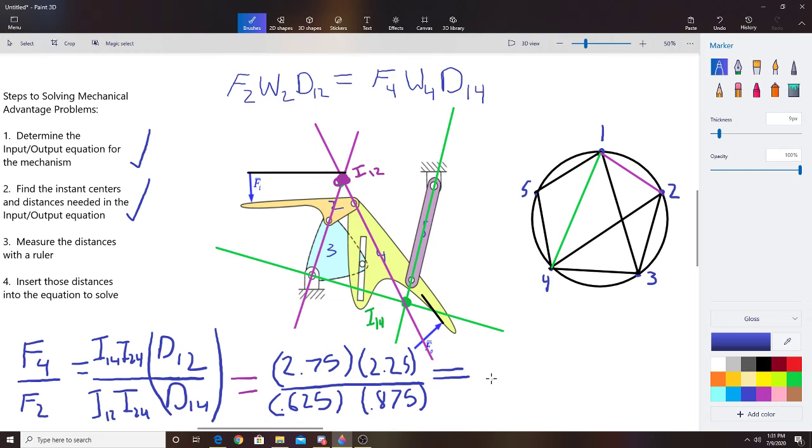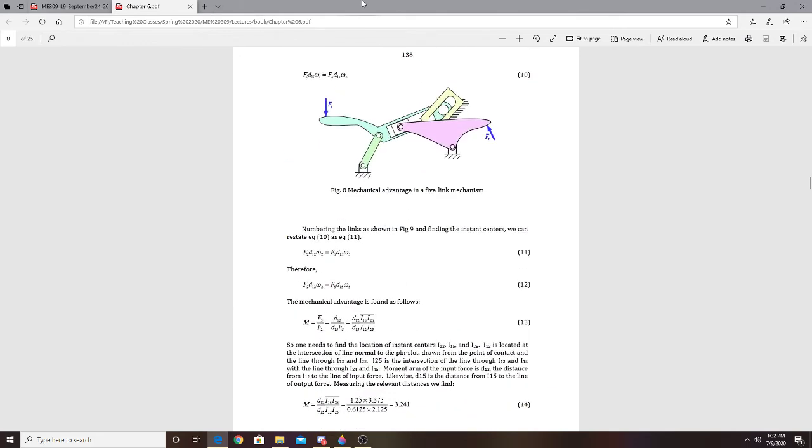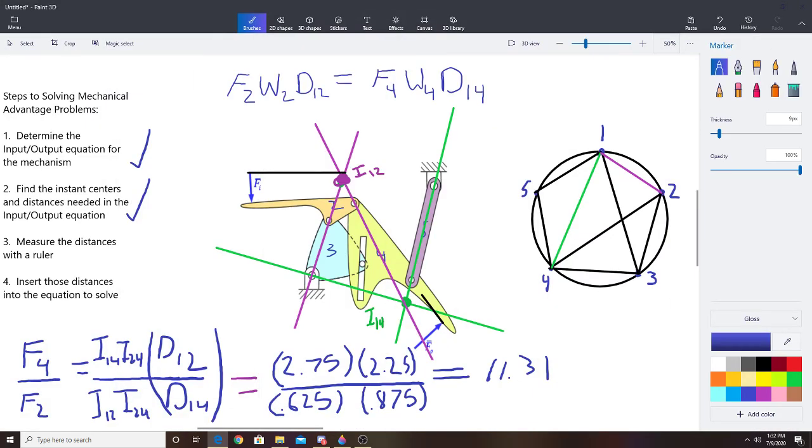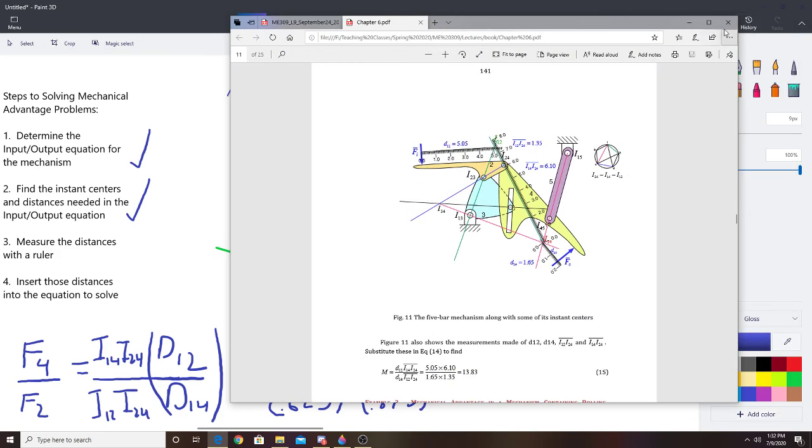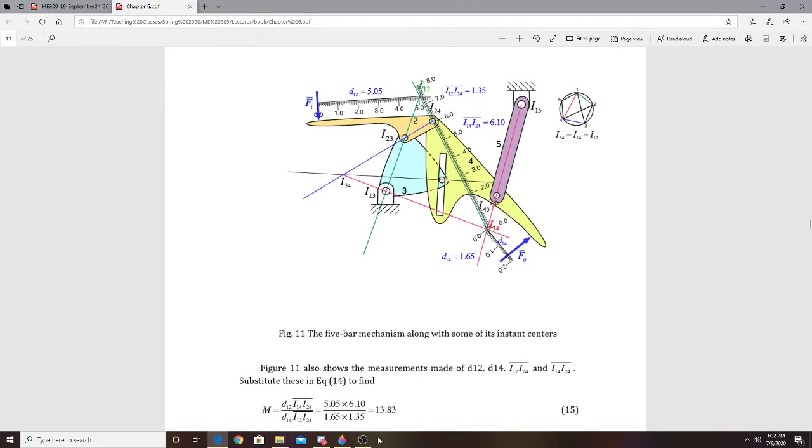So it looks like this one is somewhere like 11.314, but whatever. Let me see what they actually got using their ruler. Oh wow, so theirs was pretty similar to ours. This is their solution: 13.83. So fairly similar, fairly close.